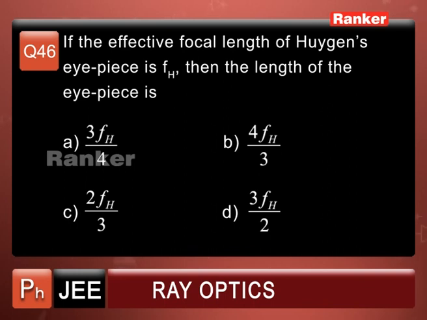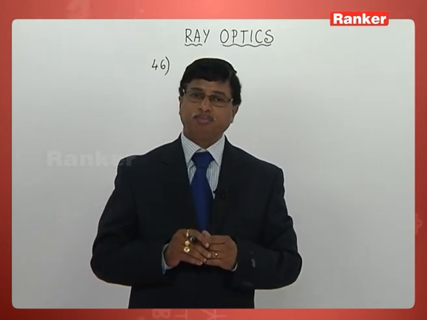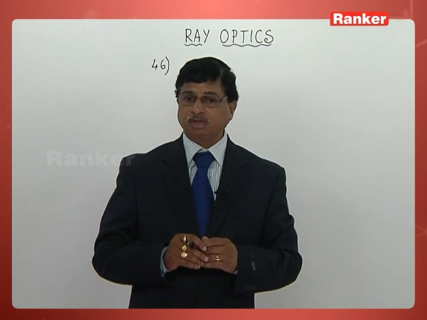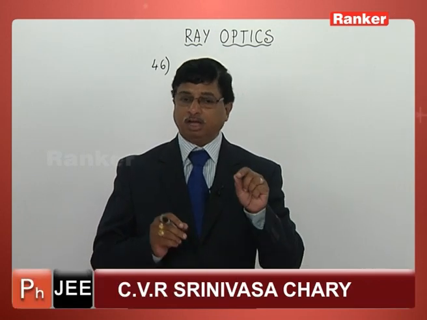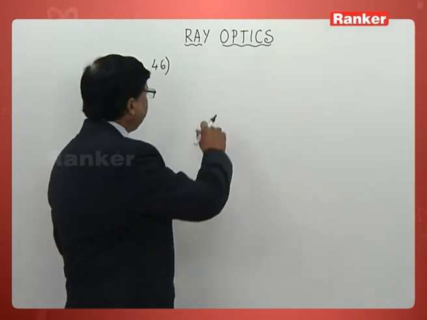Third option is 2 FH by 3. And fourth option is 3 FH by 2. So what is the correct option? We just have to decide out of them. That is problem 46 I am talking about. Effective focal length of Huygens eyepiece is given as FH. Length we just want.